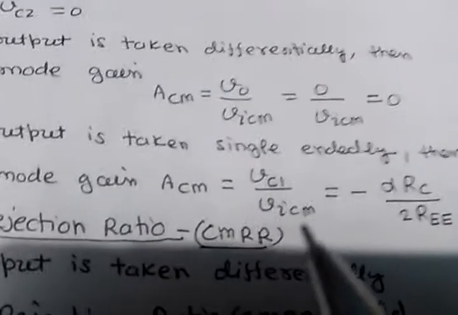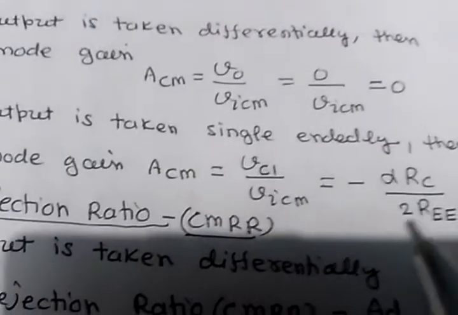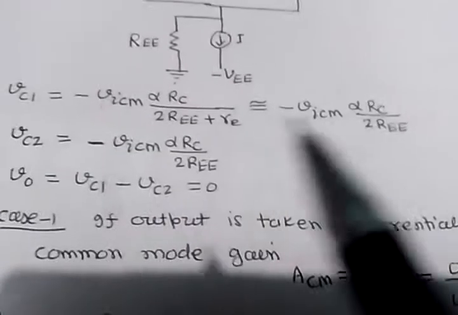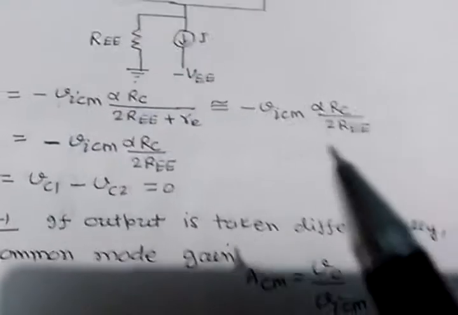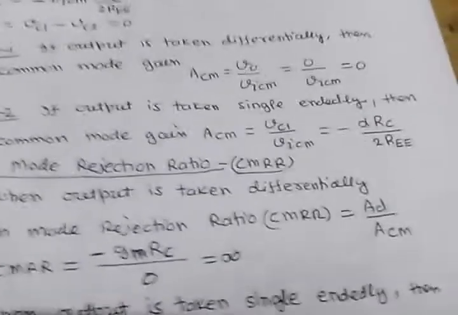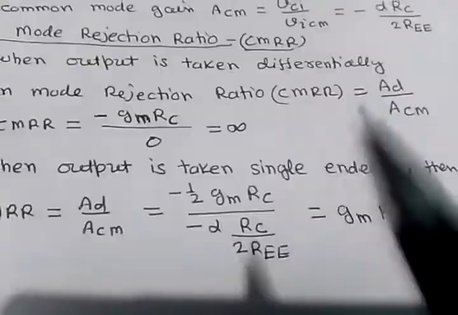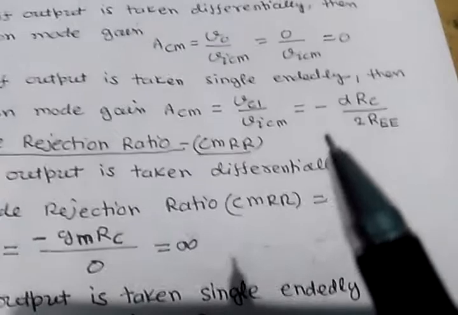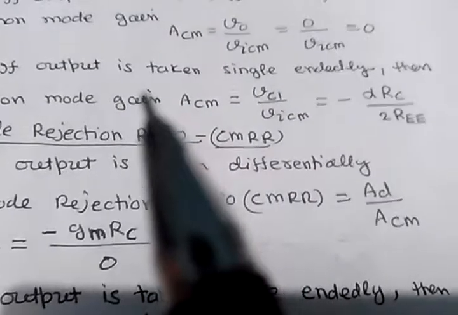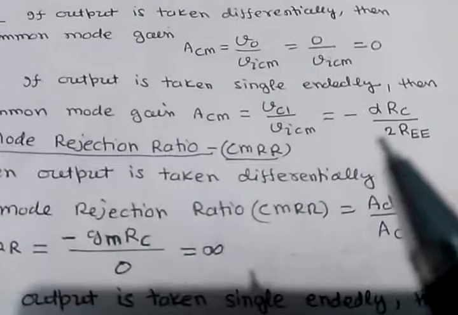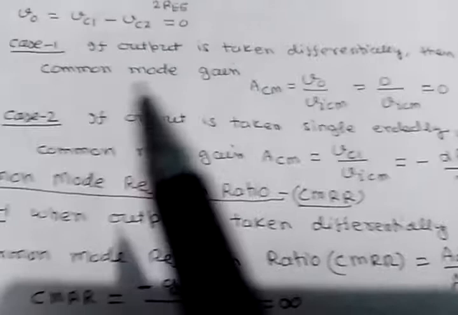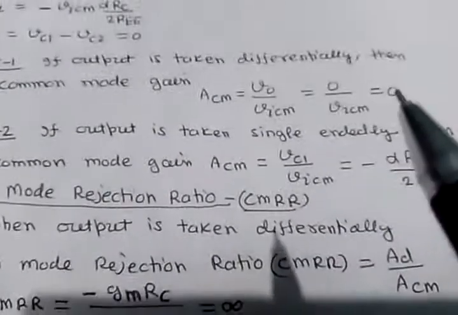So VCM upon VICM will be minus alpha RC upon 2 REE. This is calculated from this equation. So this is the common mode gain if output is taken single-endedly. If output is taken single-endedly, then common mode gain will be minus alpha RC upon 2 REE. If output is taken differentially, then common mode gain will be 0.